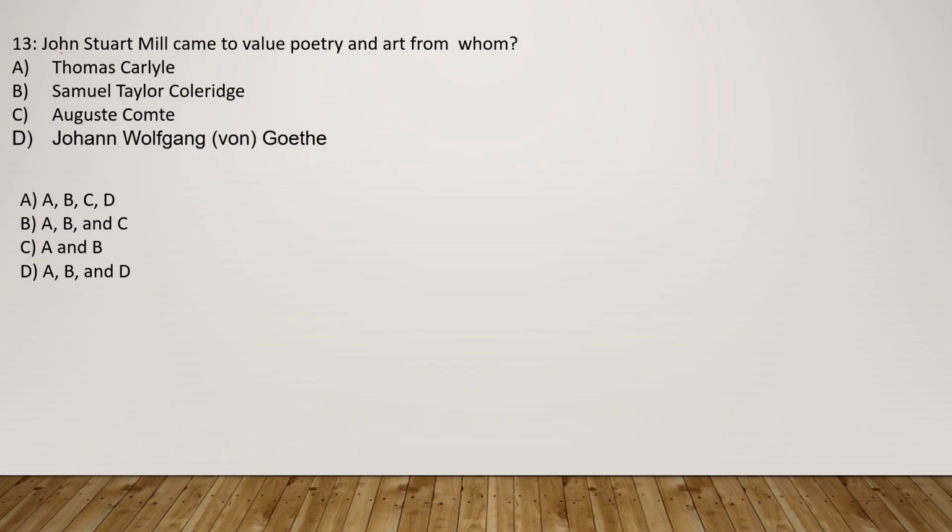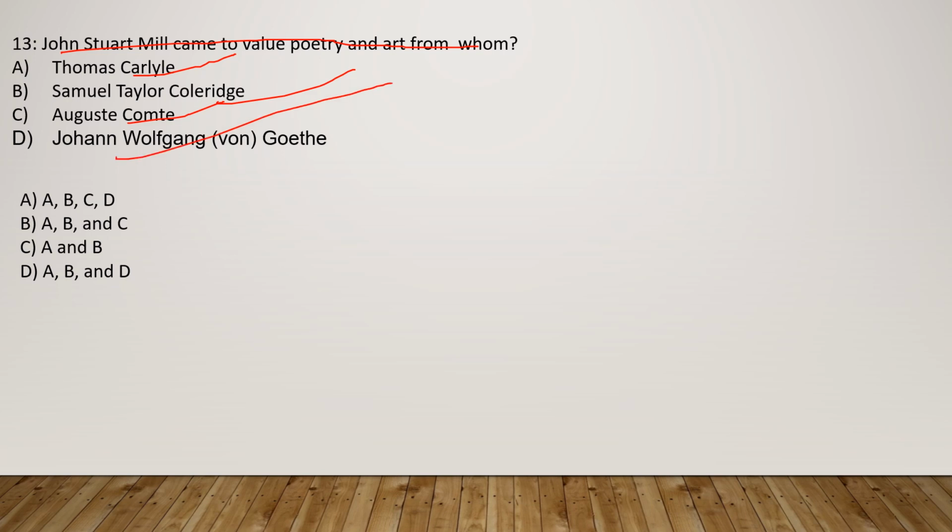John Stuart Mill came to value poetry and art from whom? Options are Thomas Carlyle. This is correct. Samuel Taylor Coleridge. This is also correct. Auguste Comte. This is also correct. Johann Wolfgang von Goethe.